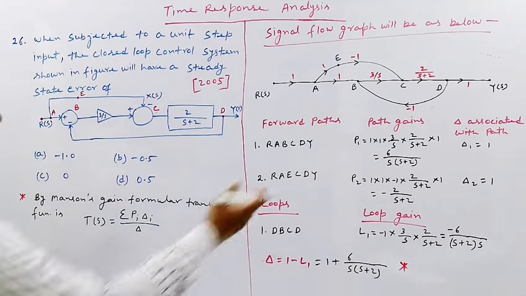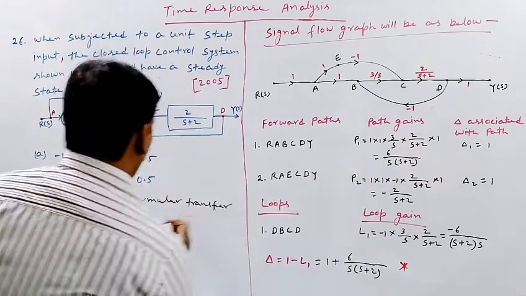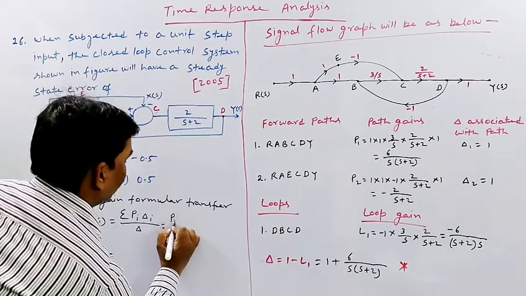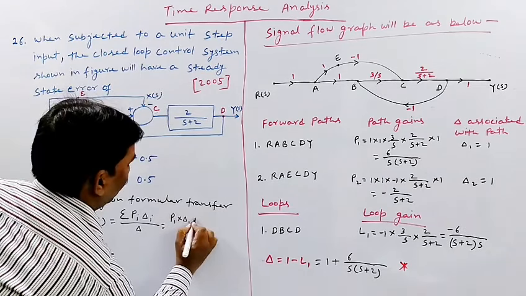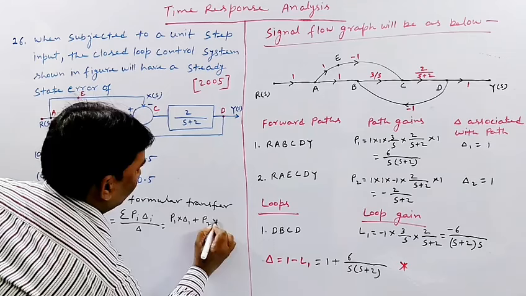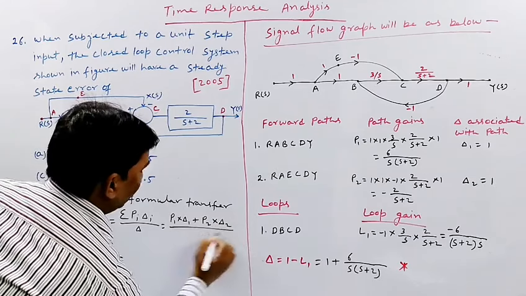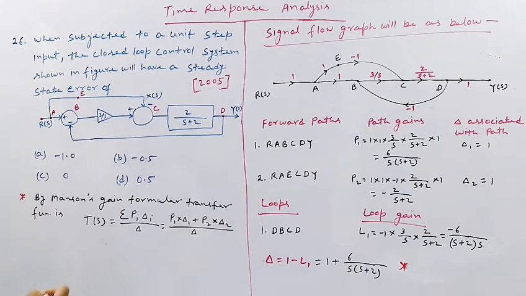Since there are two paths, it is P1 multiplied by delta 1 plus P2 multiplied by delta 2, divided by delta. So this will be the transfer function. Now what is P1?